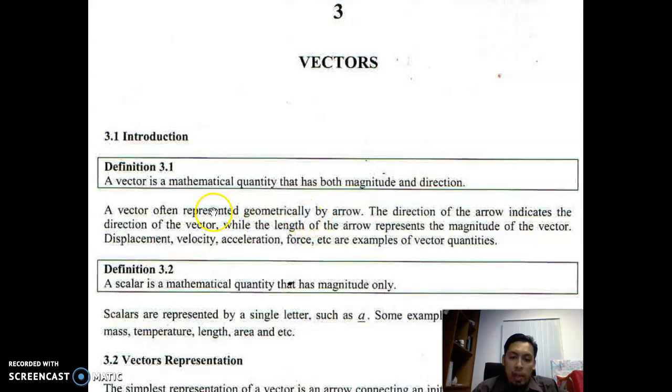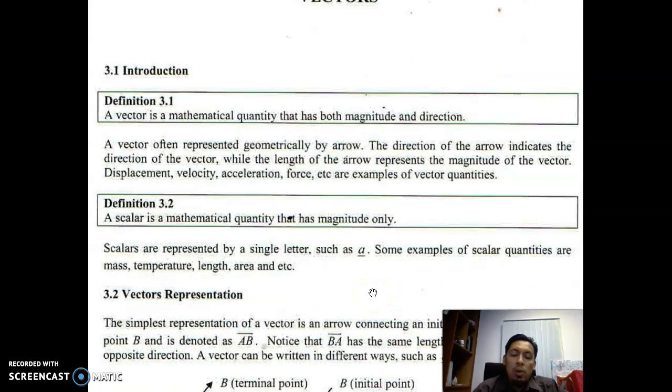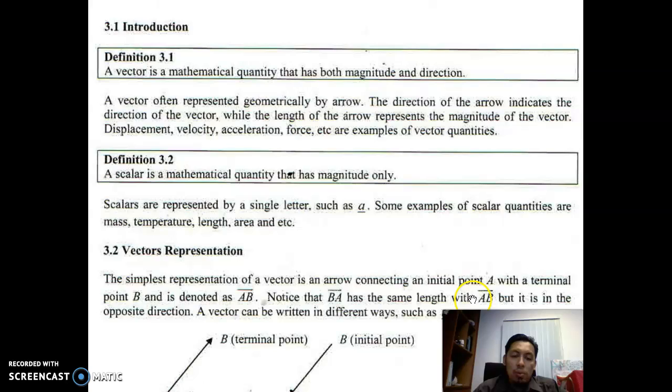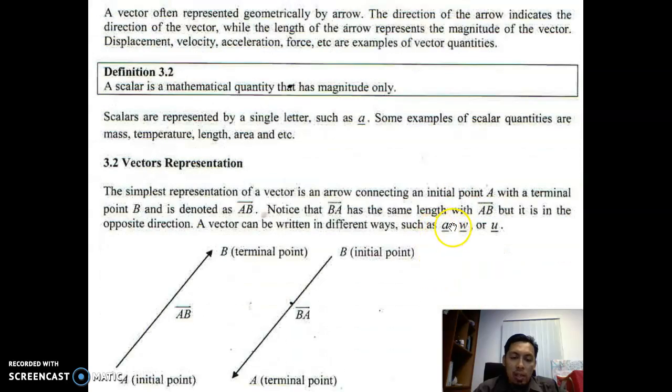As for a vector, we can also represent it with a letter, but different from a scalar, we have a line under it. Sometimes some books put the line above the letter. So that is one way.